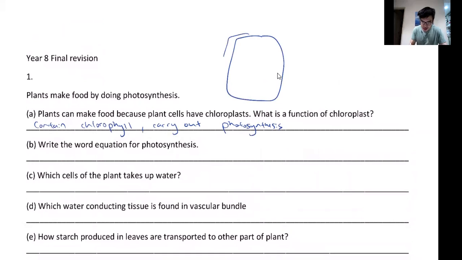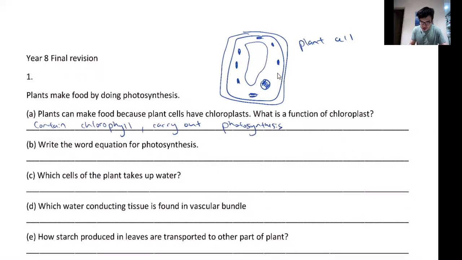So chloroplast. This is your plant cell, by the way. Inside your plant cell, you have a nucleus, and then a vacuole. And then you have these small little things that go around the cell. You learned this in year 7. All these are your chloroplast.